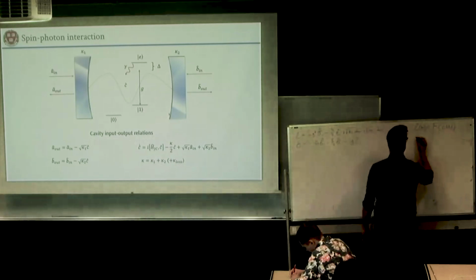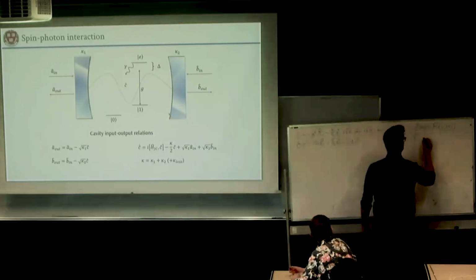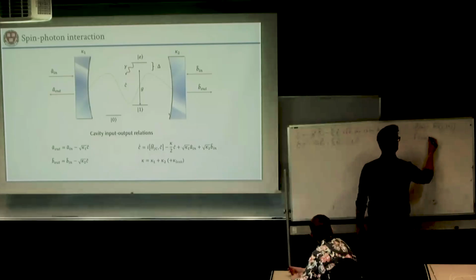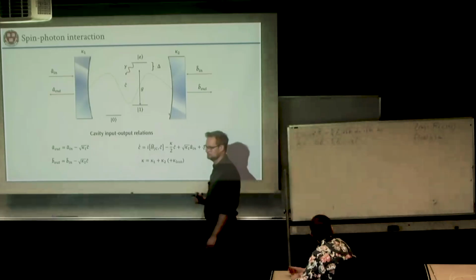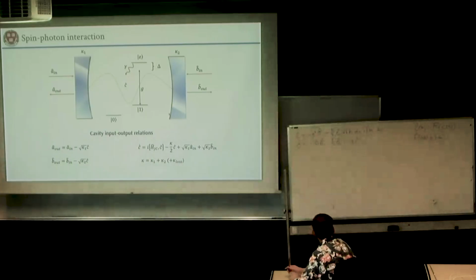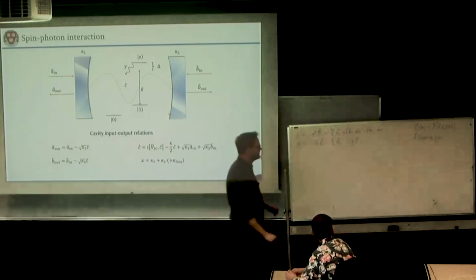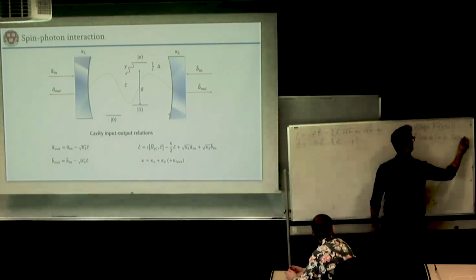Remember that if I take the Fourier transform of some operator A of t times a constant, what is that? Yeah, just move it up front. So it's just a constant times the Fourier transform, k times A of omega.